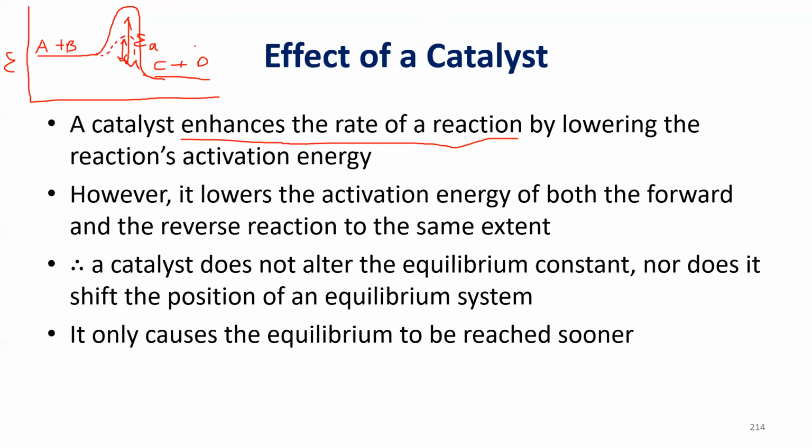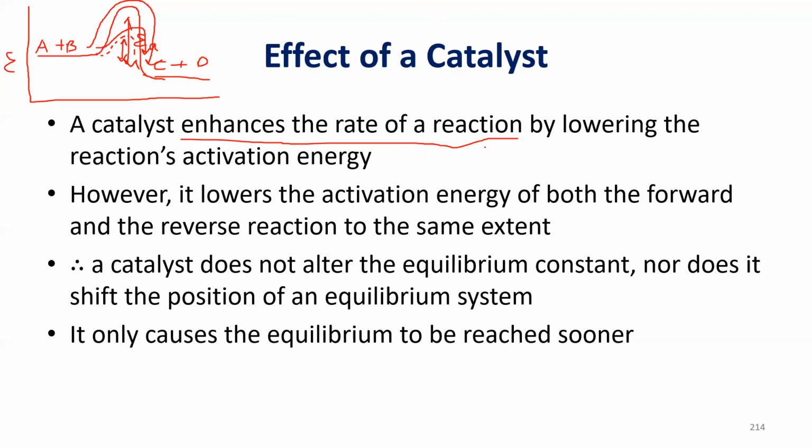At normal conditions, this reaction will still occur, but it will take longer because there is this path that needs to be covered, which is longer. But when you have a catalyst, there is this path which is shorter.